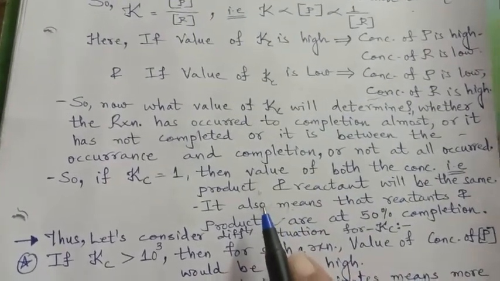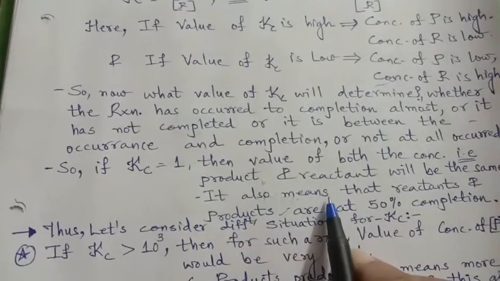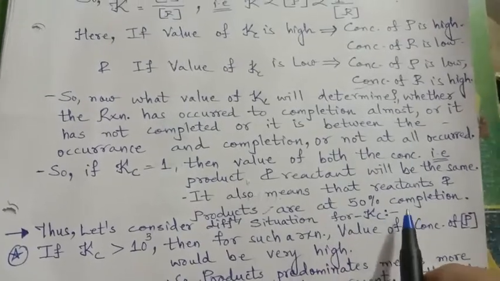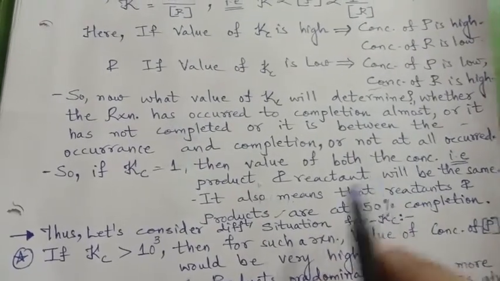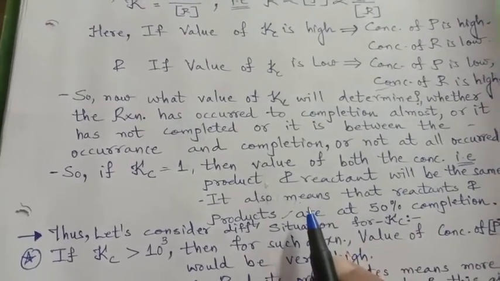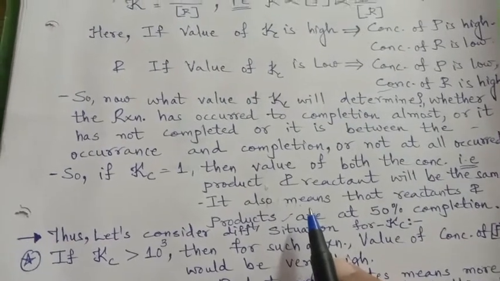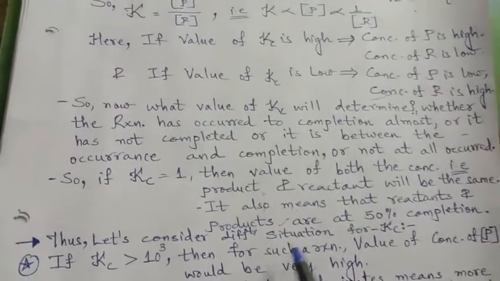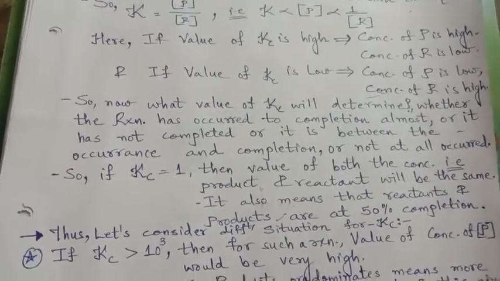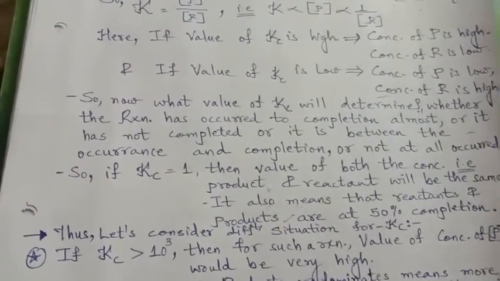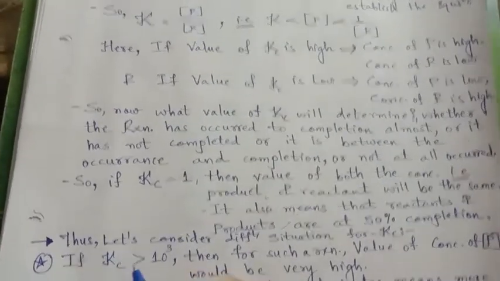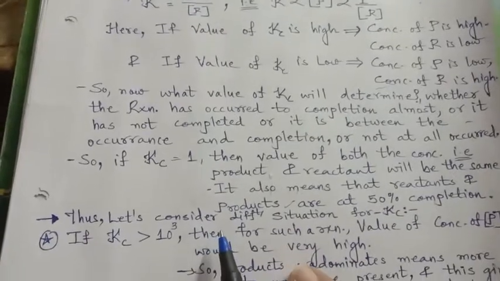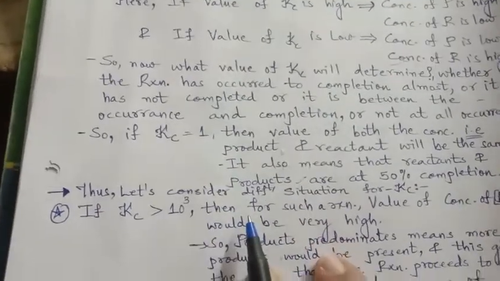And when both are the same, it also means that reactants and products are at 50% completion. So the reaction has consumed 50% of its reactant, and at the same time product has been produced nearly to the 50%. Thus, we have certain situations of Kc which will give a little more or vast idea.